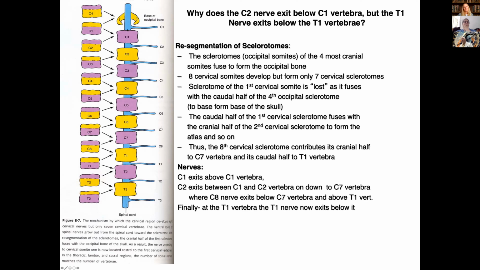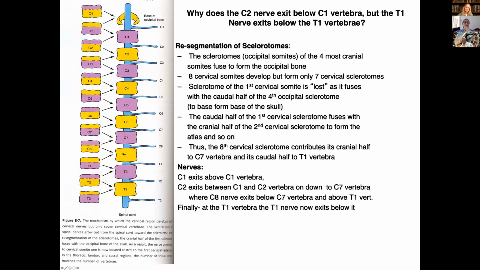So now that changes the organization of where that cervical nerve comes out. So cervical nerve 1 comes out above vertebra C1, cervical nerve 2 comes out between C1 and C2 vertebra, all the way down. And we get to C7 and T1 vertebra, and we have cervical nerve 8 coming out there.